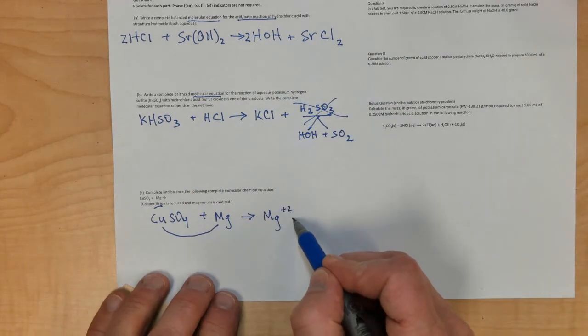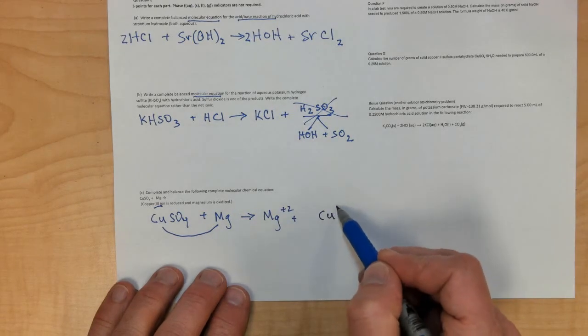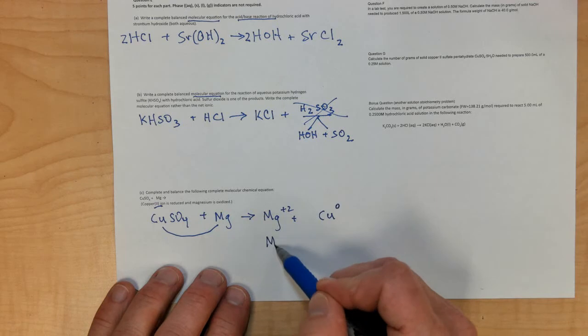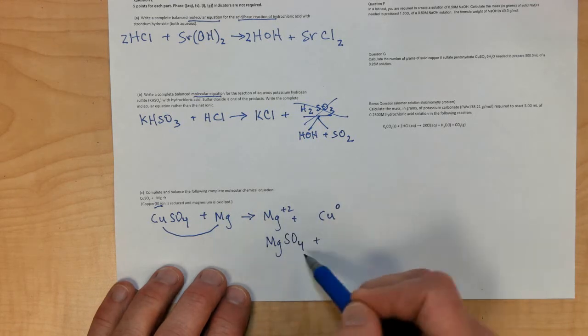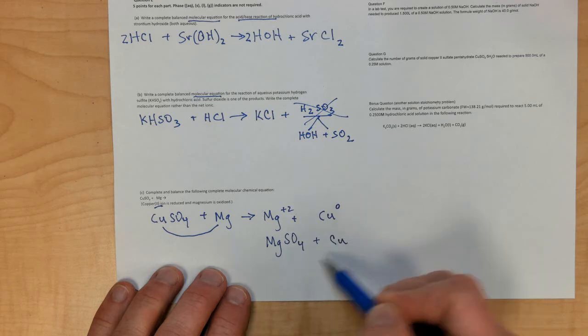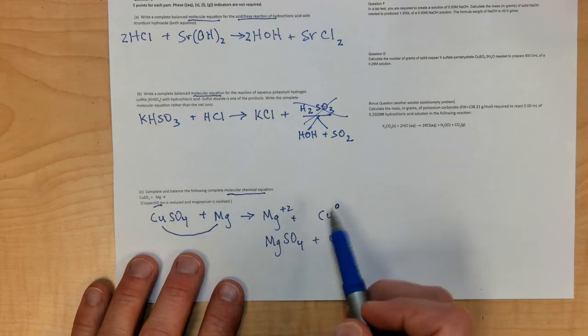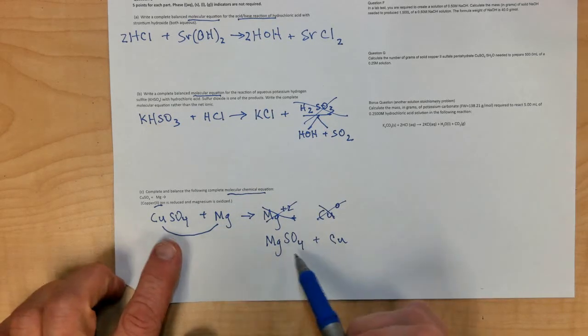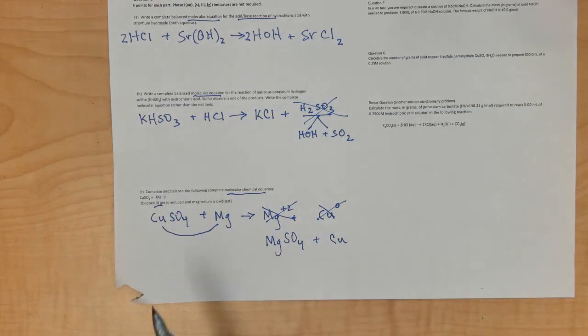Notice it's +2 right here, so magnesium would go to +2, and then that means that copper would be reduced to copper 0. Since magnesium is +2, it would fit nicely with the SO4, and so you'd write MgSO4, and you'd just write copper alone by itself. It just wants the molecular equation, so you wouldn't write it like this or like this. You'd just swap the two cations there. Oxidize Mg to +2, reduce copper to 0.